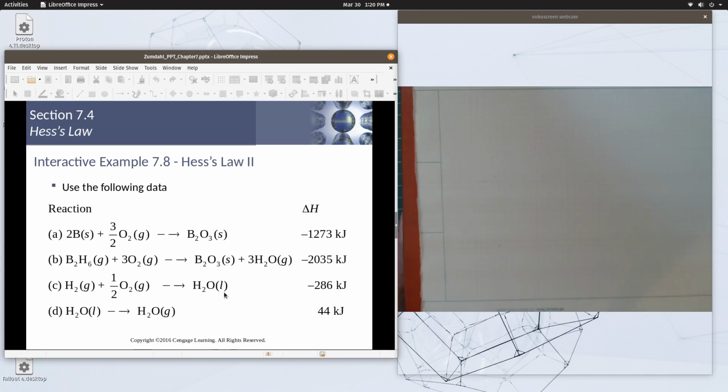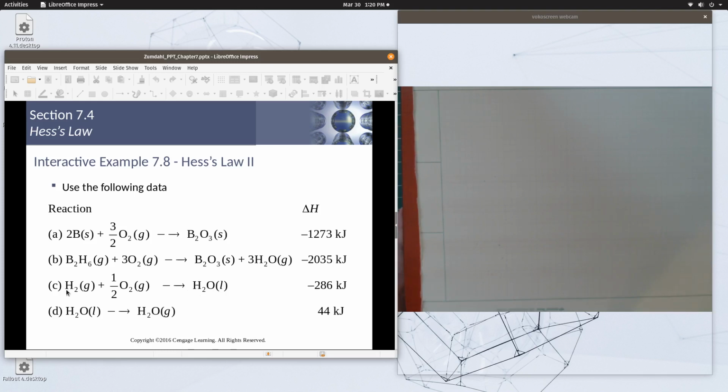This is the enthalpy of formation of liquid water from its components. So again, hydrogen gas and oxygen gas to liquid water. That's what the L means, minus 286 kilojoules. So the enthalpy of formation of liquid water is minus 286 kilojoules per mole of liquid water that I produce.